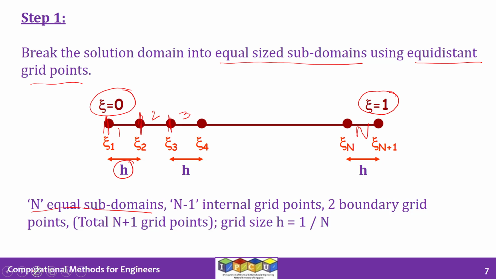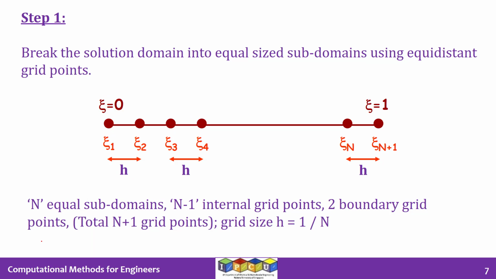Now in this configuration, as you can see, you will have n minus 1 internal grid points and 2 boundary grid points. So psi 1 and psi n plus 1 are called boundary grid points because they are located at the boundary. Psi 1 is located at the left boundary and psi n plus 1 is located at the right boundary.